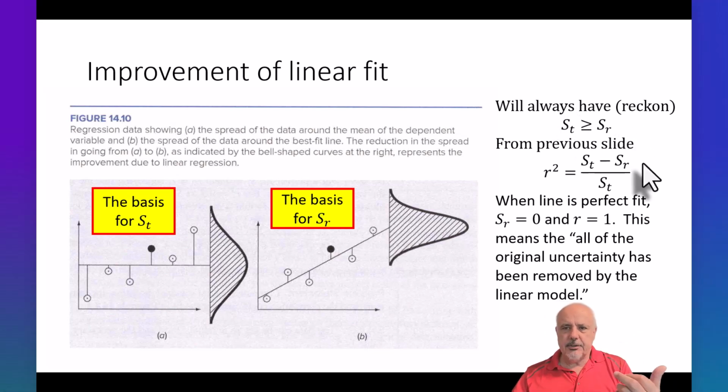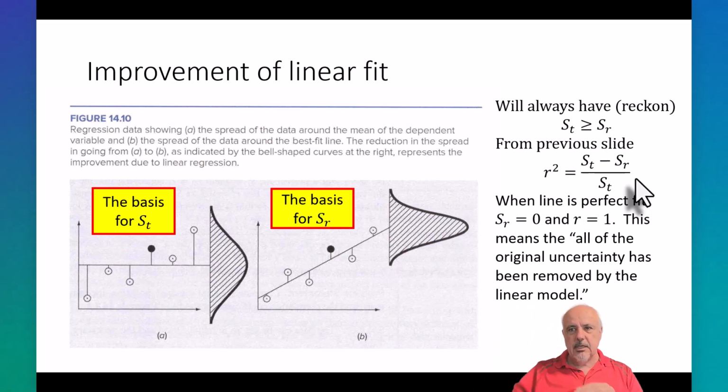The coefficient of determination then is S sub t minus S sub r divided by S sub t. Now, if the line is perfect, that means S sub r would be 0, and then the r squared would actually be 1. That would remove all of the uncertainty.